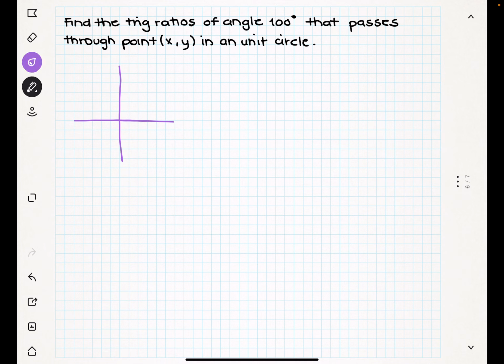So remember, this is 90 degrees. This is 180 degrees. This is 270. And this is 360, or of course, our 0 degrees. Okay, so my angle 100, it's going to be somewhere over here.